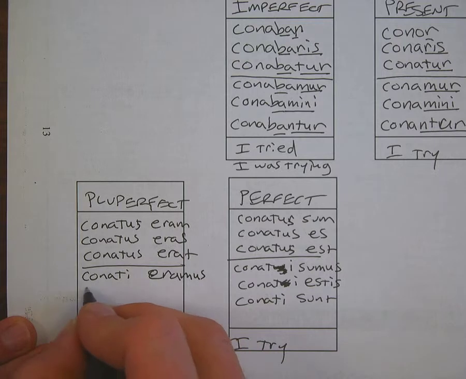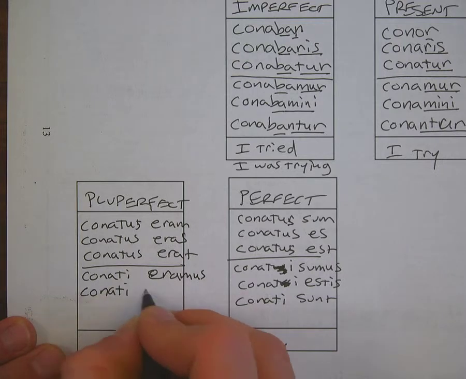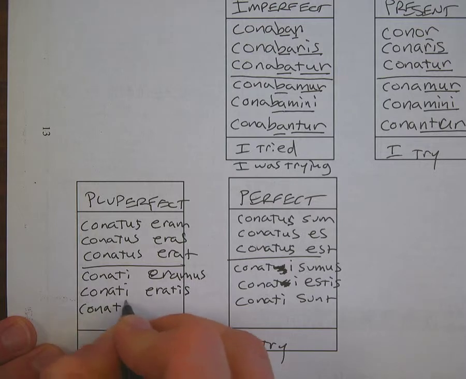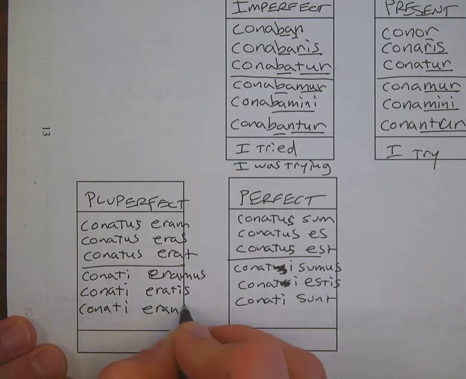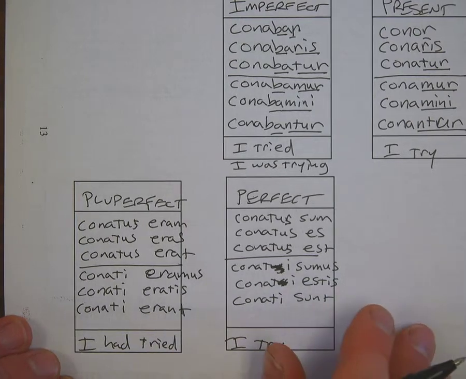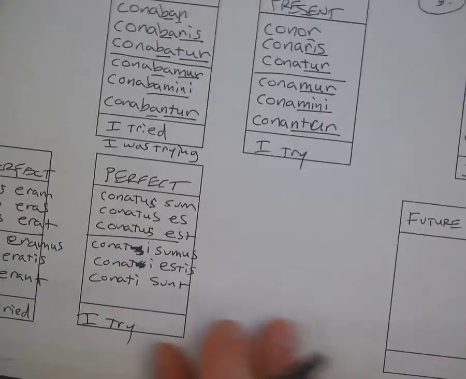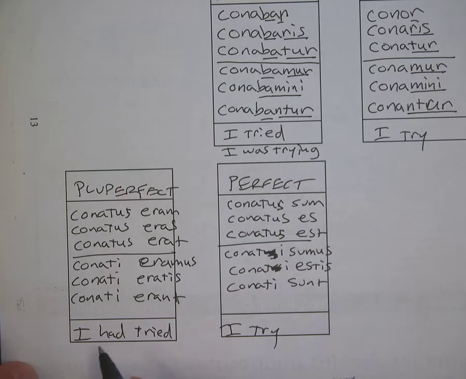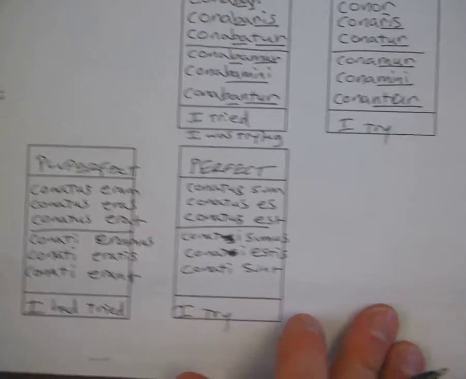Sorry, I'm running out of room here. Conati eratis and conati erant. And that would be I had tried. Remember, always use had with the pluperfect. That's the rule. Okay? Pluperfect tense is easy to say. Just translate had, always, always.